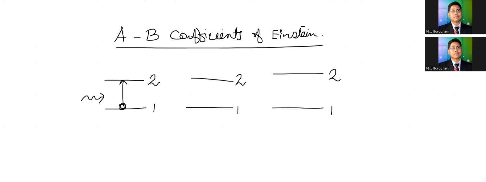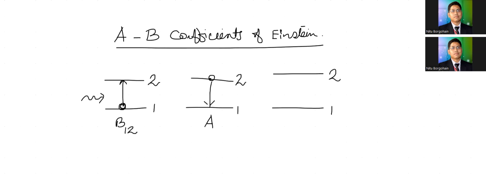So that is induced absorption, for which Einstein gave a coefficient, that is B12. Okay. Then another transition is the downward transition, which occurs spontaneously. And this transition is supported by another coefficient, A21.